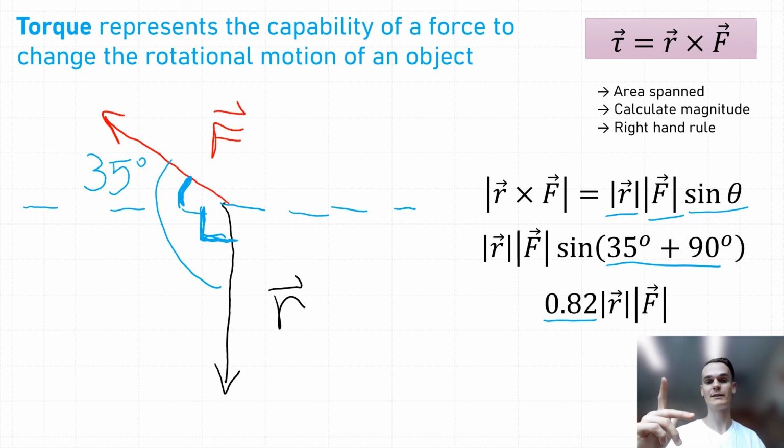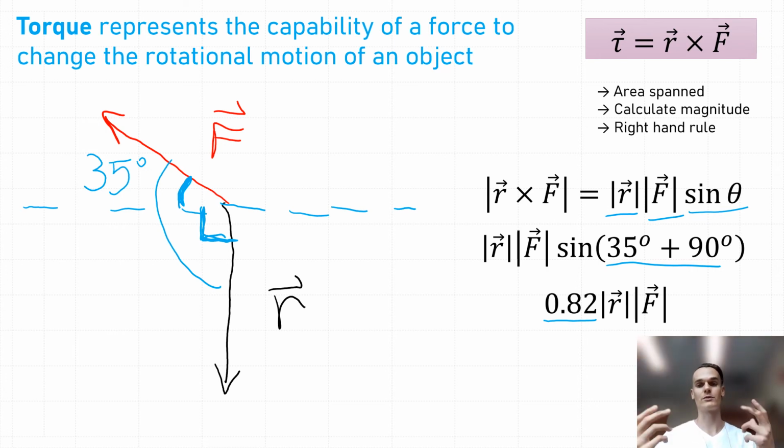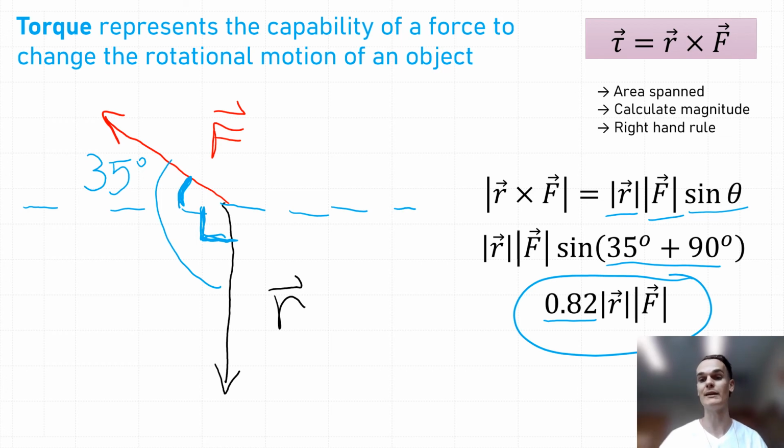So we point our pointer finger in the direction of the position vector, which is downwards. This is difficult. And then we point our middle finger upwards and to the left, which is in the direction of the force vector, and we get the resulting direction for the cross product is into the board. So the direction of the cross product is going to be into the board, and its magnitude is going to be this.